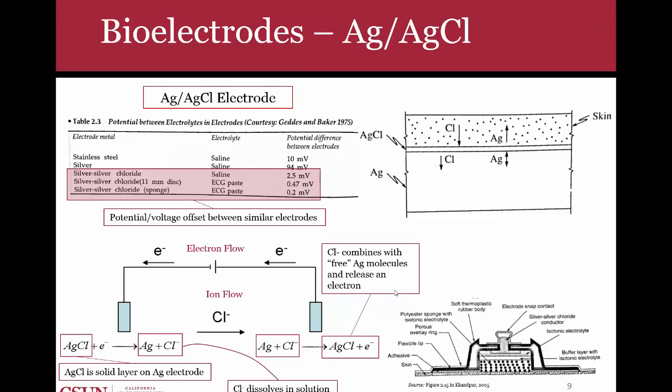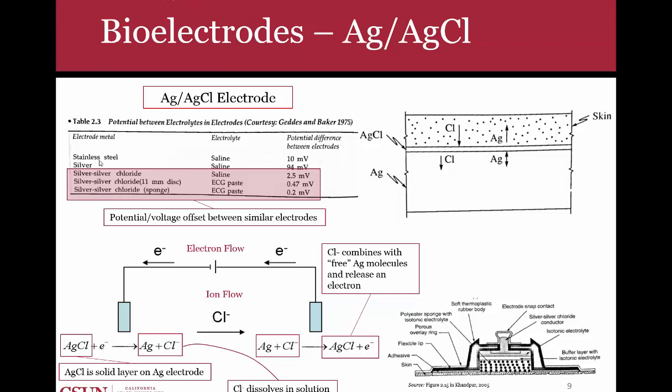Even if you have two of the same electrodes, you're still going to have some residual voltage. And it turns out that we've studied different electrodes and have found that these specific electrode types in this table here, when you use the same electrodes in the same solution, will produce a very small voltage difference, but we're on the order of now millivolts instead of volts.